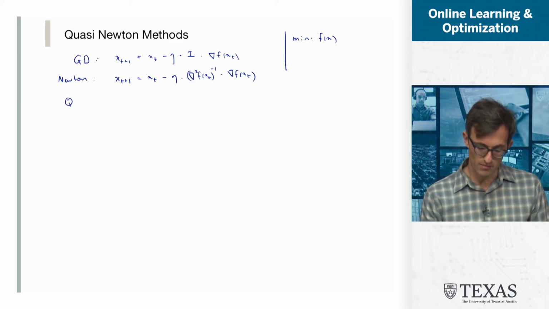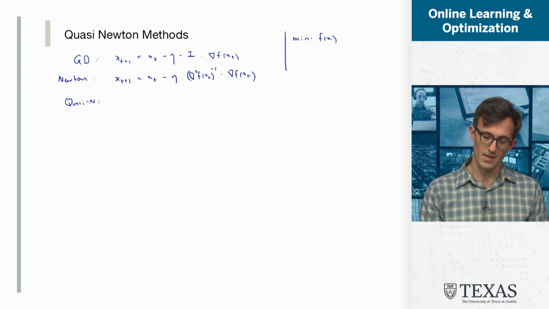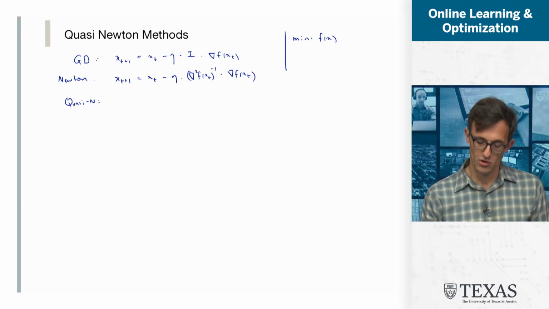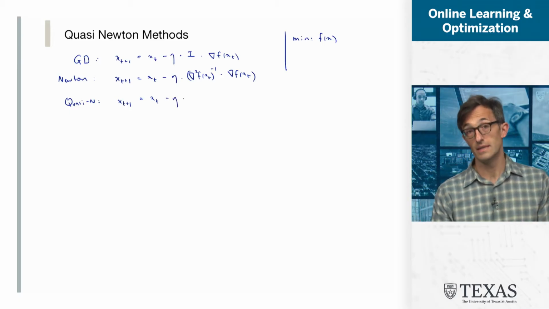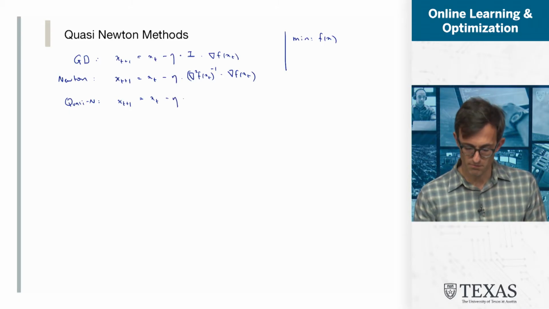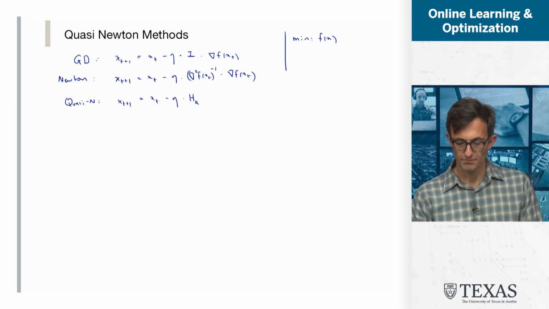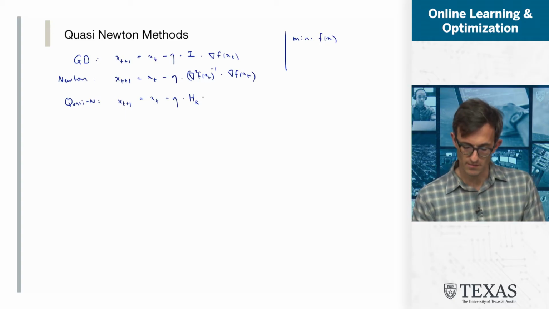So quasi-Newton methods say, here's the general picture, let's do something similar. x_{t+1} is equal to x_t minus eta, and instead of putting in the identity matrix, let's put in some other matrix here. I'll write it as H_t times the gradient of f of x_t.